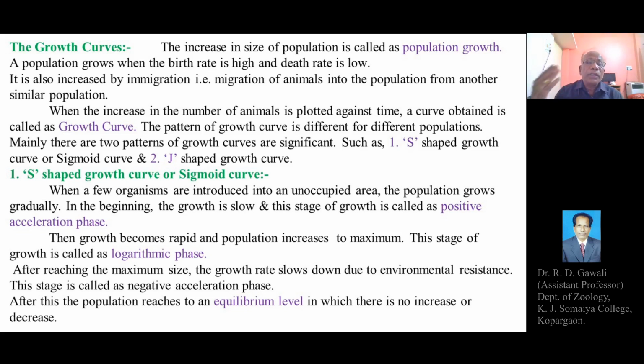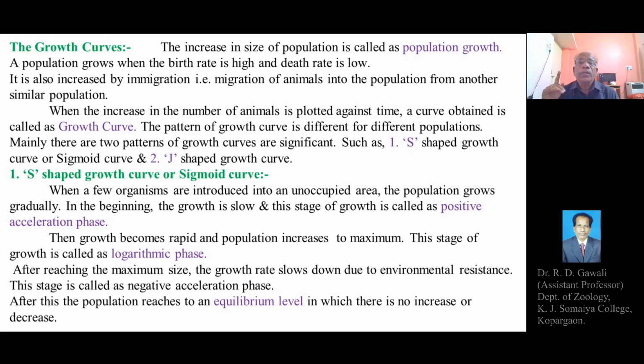Then after reaching the maximum size or maximum number in a population, the growth rate slows down. The growth rate slows down due to the environmental resistance, and this stage is called the negative acceleration phase.